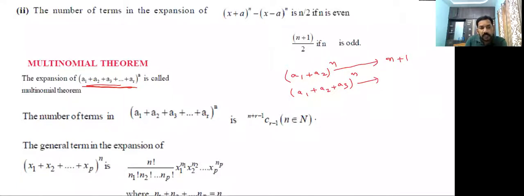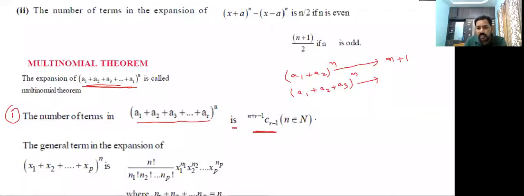Observe this: the number of terms in (a1 + a2 + a3 + ... + ar) whole power n is n plus r minus 1 c r minus 1. This is the formula, so remember it. Whether binomial, trinomial, quadrinomial, whatever it may be, you will get the number of terms very easily.